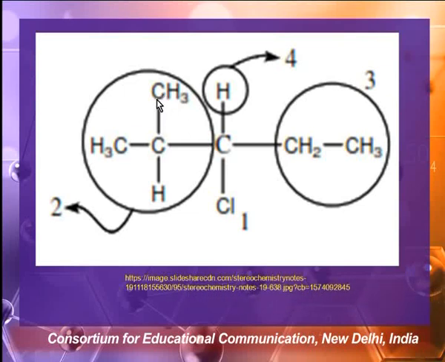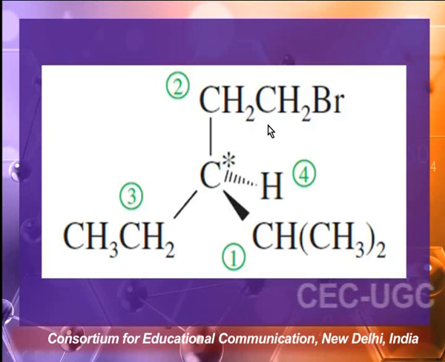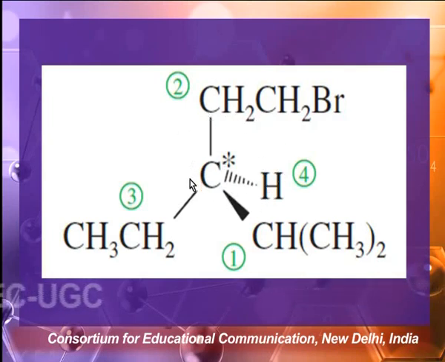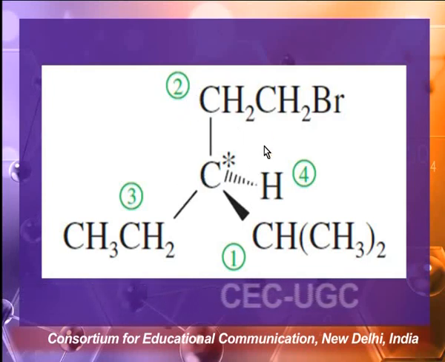So this has higher priority as compared to this hydrogen here. So we say this group is having higher priority 1, this is having 2, this is having 3, and this is having 4. And this again I have shown in this example, that groups are arranged in a perspective formula when they are having different priorities.